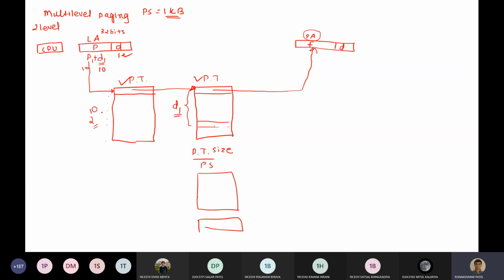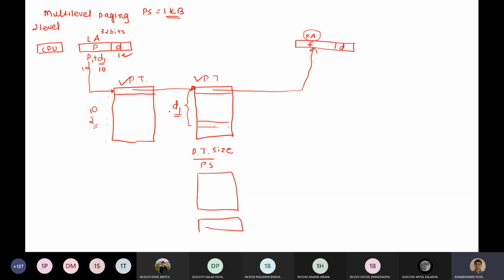So 2^10, 2^10. Assume that for simplicity, both have a 4 byte entry size. So this will be 4 KB and this will also be 4 KB. So 4 plus 4, 8 KB needs to be loaded.